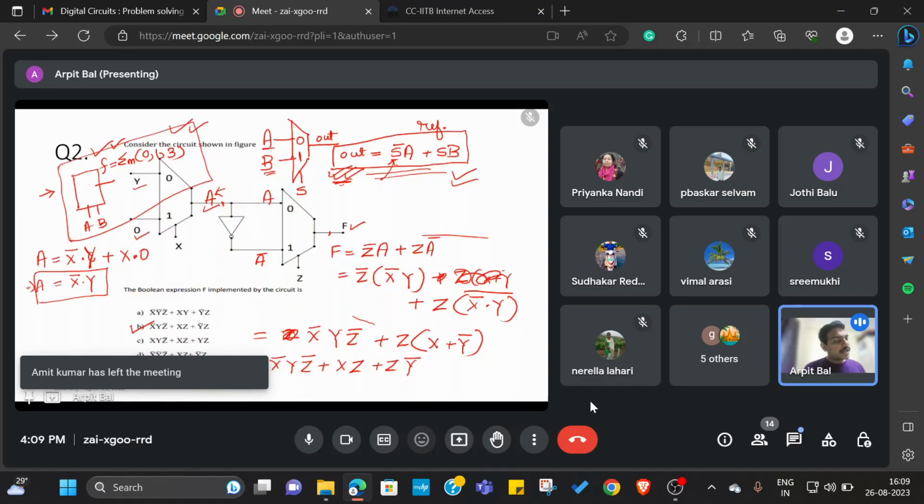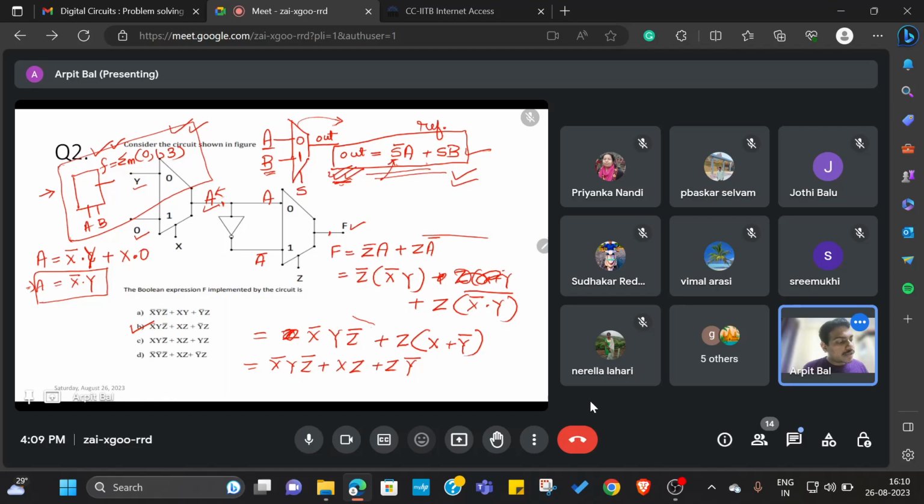The next thing that we did is, we can implement any function that we want using a combination of multiplexers, right? And we saw how. We took a standard reference multiplexer, we came up with an equation for that particular multiplexer in this format, and we used this reference equation in the circuit that was shown to us.